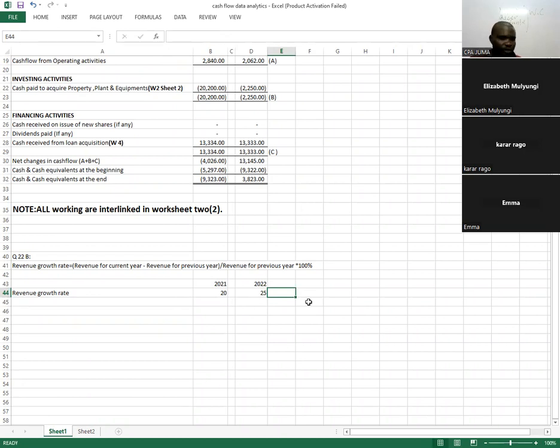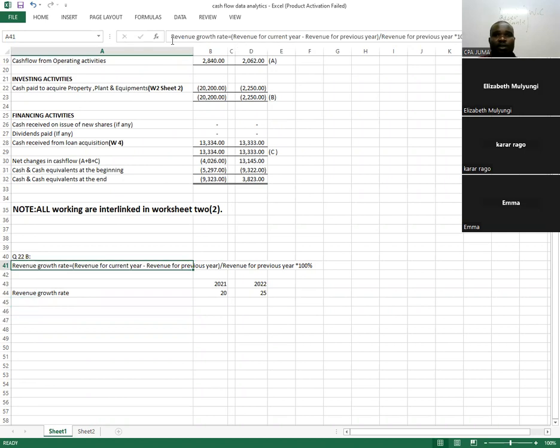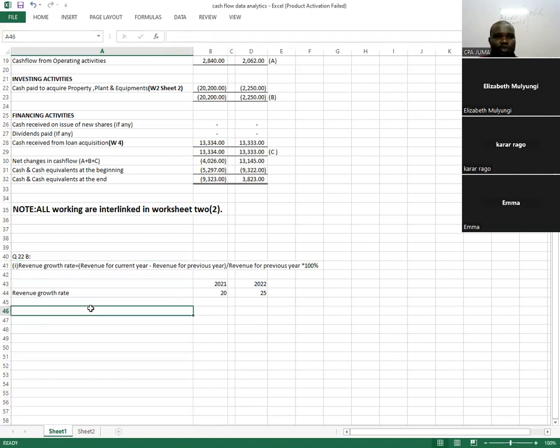Anybody with a question? Can somebody give us the formula for 2 years cumulative average revenue growth rate? I'll appreciate. This was B1. Can someone give us B2? What is the formula? I just want the formula.